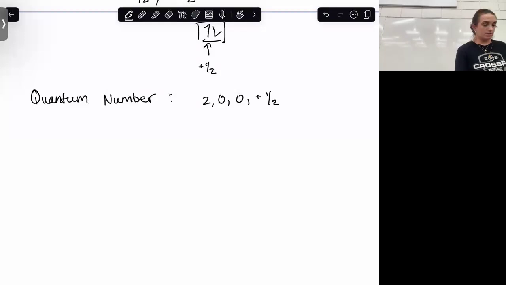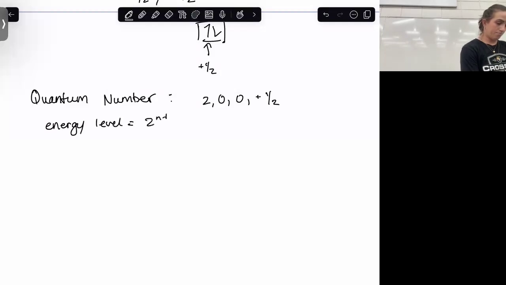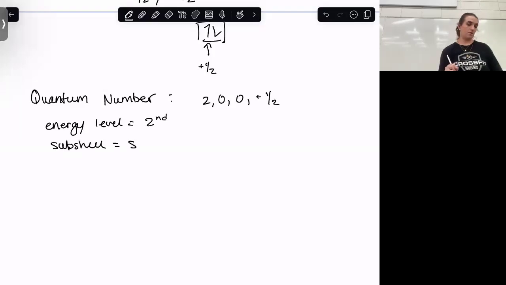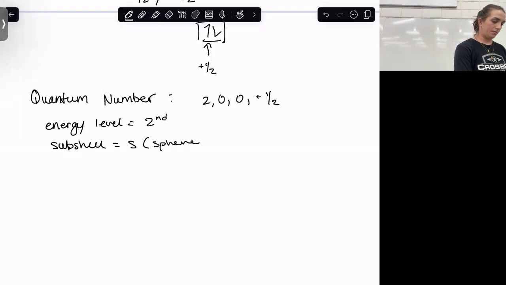What energy level is it in? What subshell is it in? It is in the S subshell. So what's the shape of this? It's a sphere. This orientation doesn't really matter.